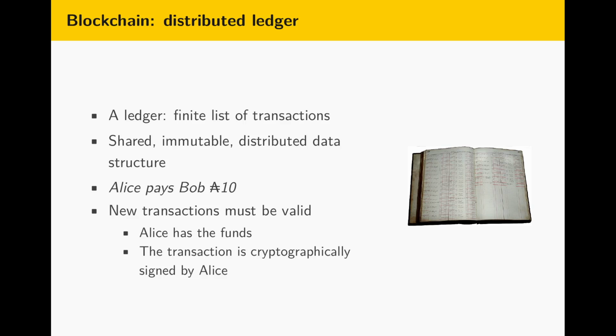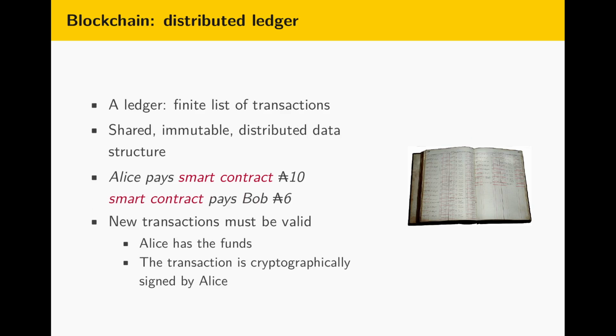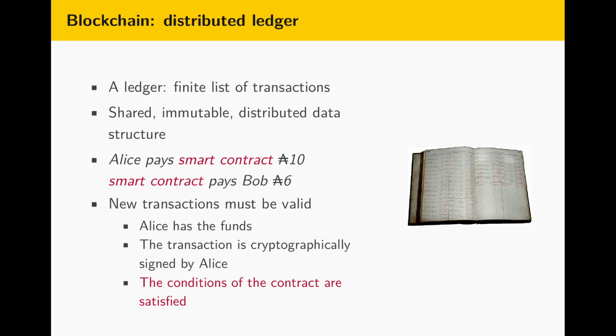Specifically, a transaction could look like this, where Alice pays a certain amount into a smart contract. Or later on, a smart contract could pay Bob a certain amount of ADA. And whenever these kinds of transactions are validated by the network, an additional check is performed, namely that the conditions of the contract have to be satisfied.